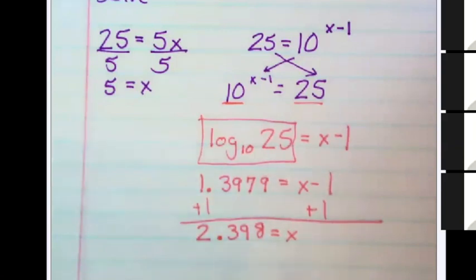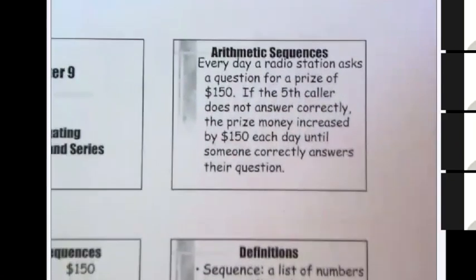Okay, so there are 2 different kinds of sequences and series. One is called arithmetic, and the other one is called geometric. So arithmetic, think A for addition. Every day, a radio station asks a question for a prize of $150. If the fifth caller does not answer correctly, the prize money increases by $150 each day until someone answers their question.